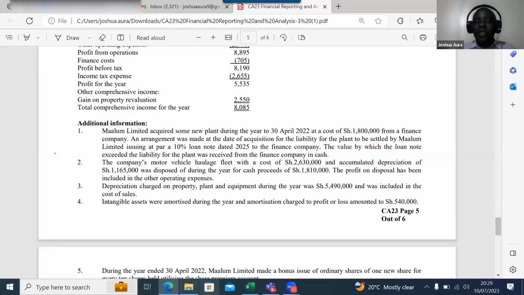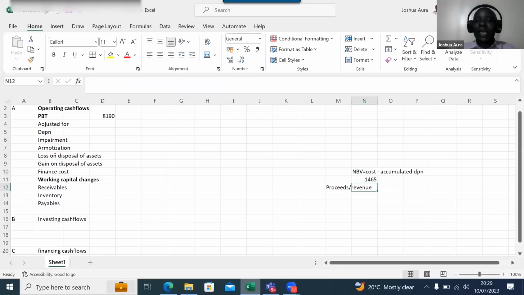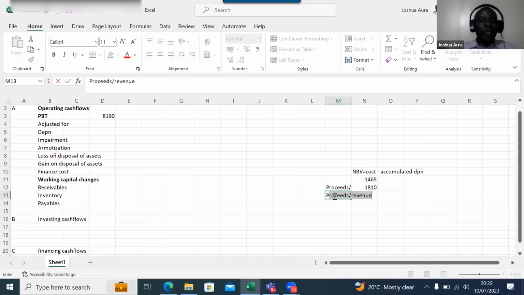So in this case, ladies and gentlemen, if the cash proceeds here are 1810, we made a profit. So we have a profit on disposal.